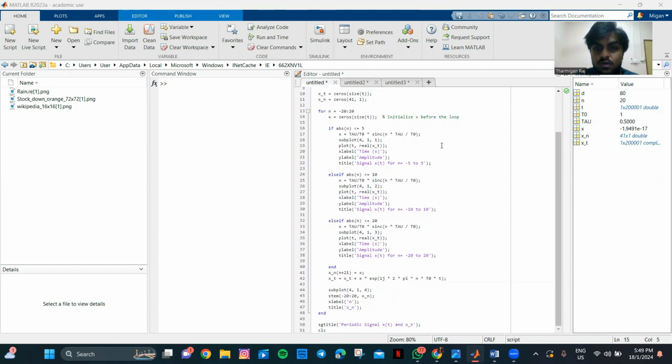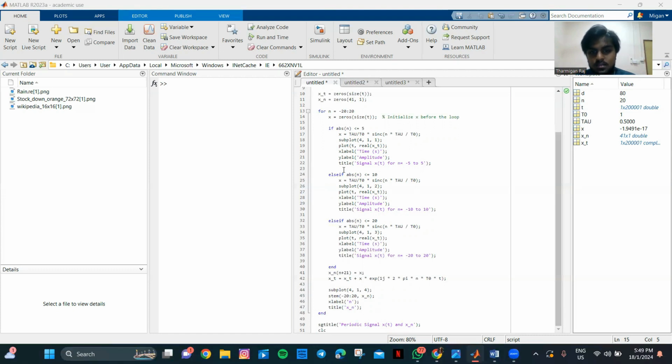First of all, we're going to do this for harmonics 5, 10, and 20. The formula would be x equal to tau over T0 multiplied by sinc of n multiplied by tau over T0. This formula is applied for all three harmonics, as you can see there. The subplot and plot commands are just to plot the diagram later, showing the signal, where the x-axis is time t and the y-axis is amplitude for all three.